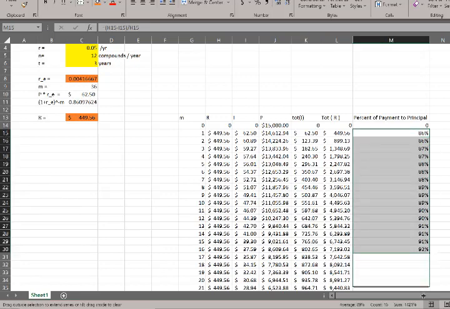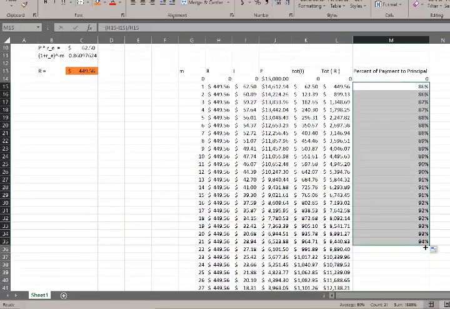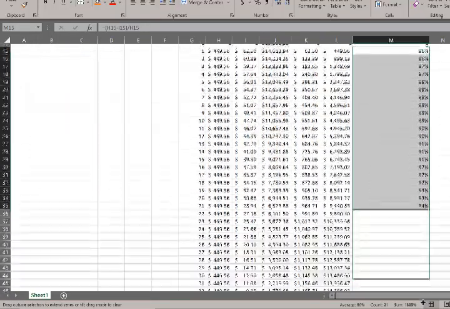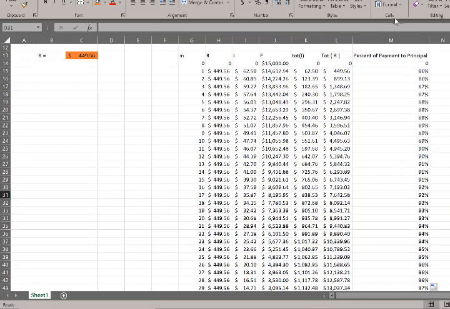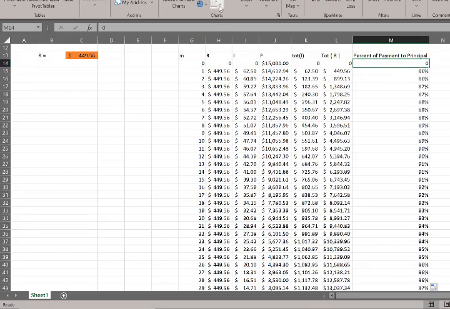So let's grab this one here, and we go down. There we are. And you see as you go along, that rises and rises till you finally get the last payment, which goes 100% towards what you owe on the loan. So let's look at this graphically.